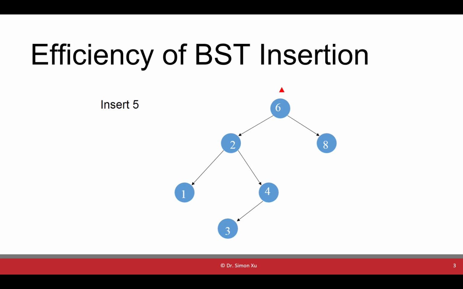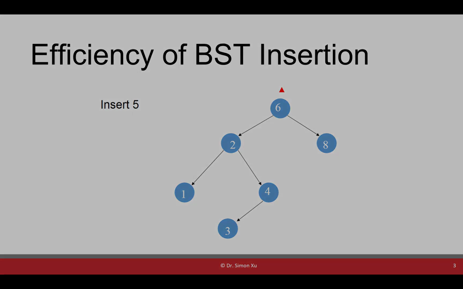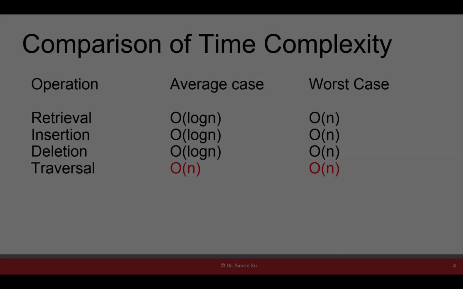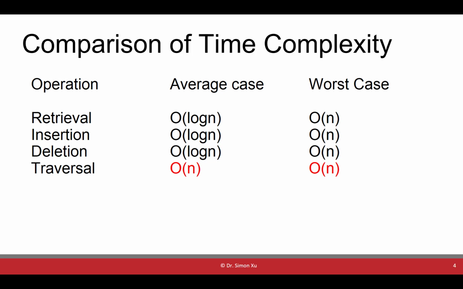For binary search tree deletion, it takes the same procedure, and the time complexity will be similar to insertion. Let's make a summary. For retrieval or searching, insertion, and deletion on a binary search tree, for the normal case, or called the average case, the time complexity would be big O of log n.